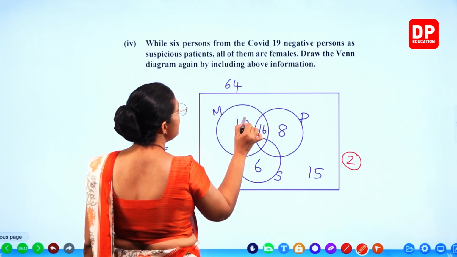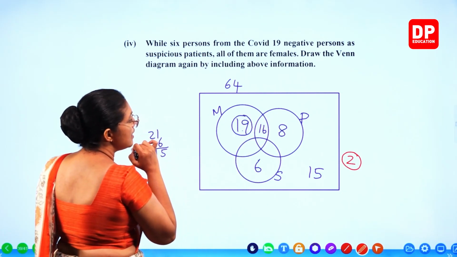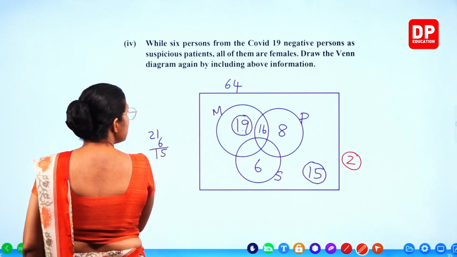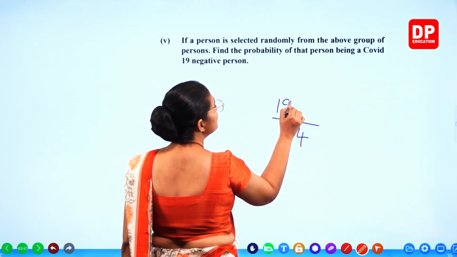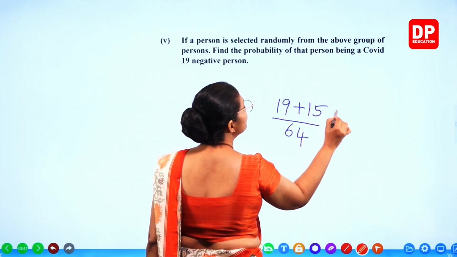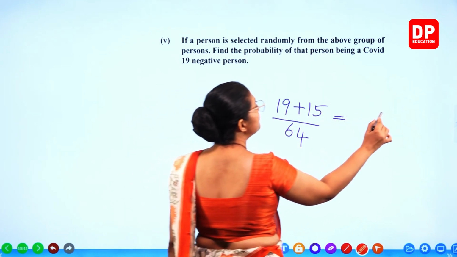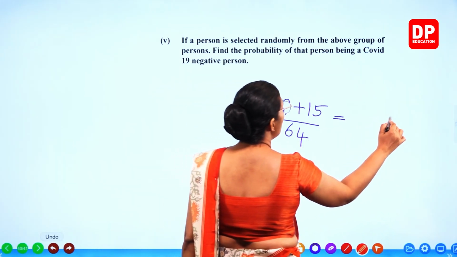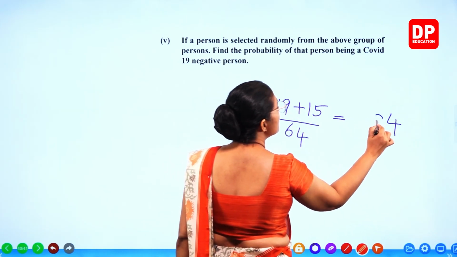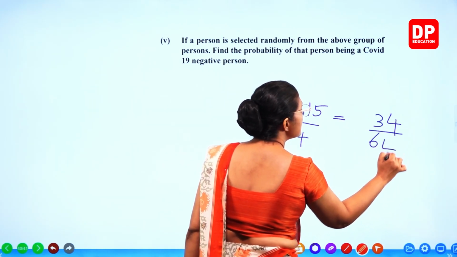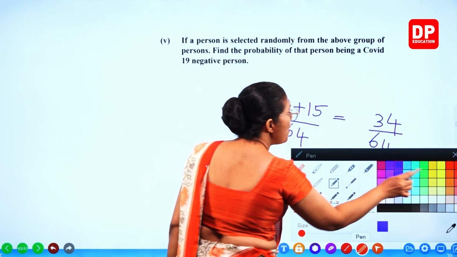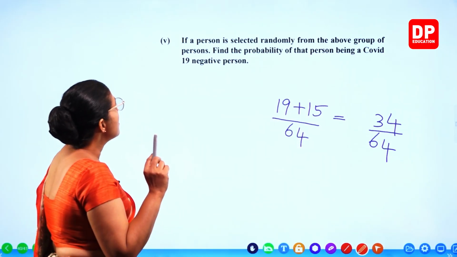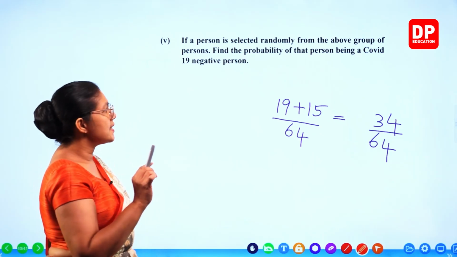So this is 19 as well as 15. So you have to add 19 and 15. So altogether, 9 plus 5, 14. So 34 over 64. That's the probability of a person being a COVID-19 negative person.